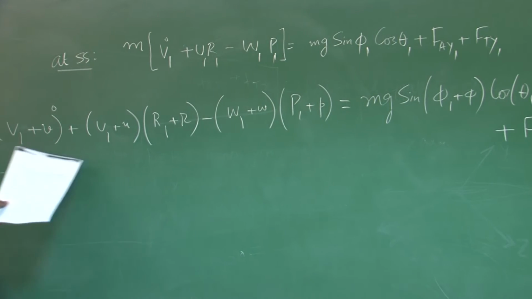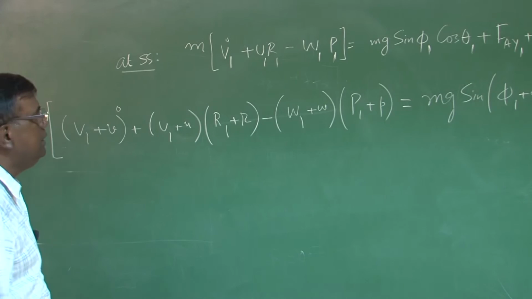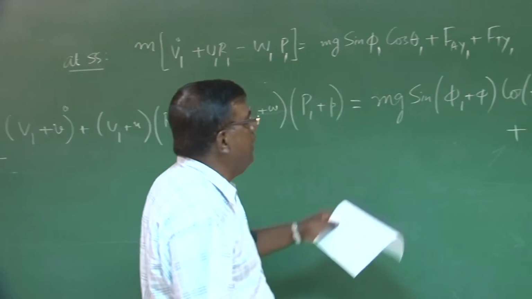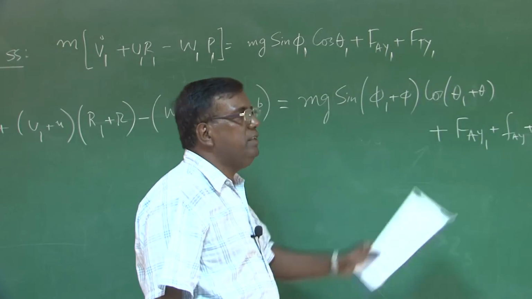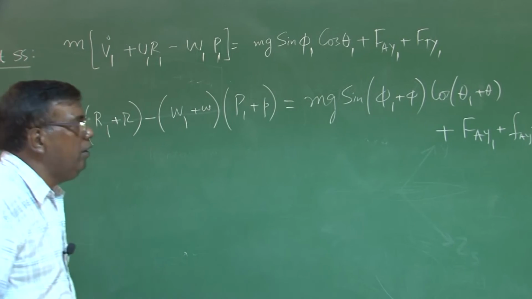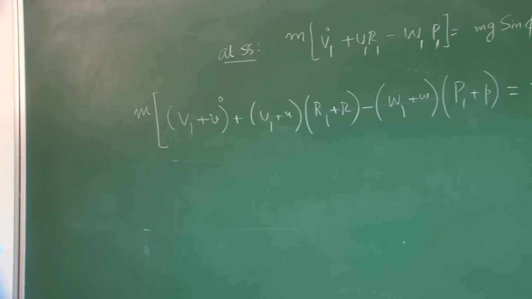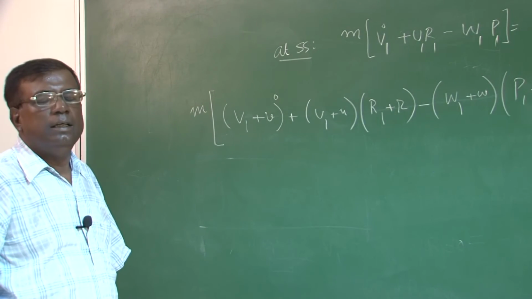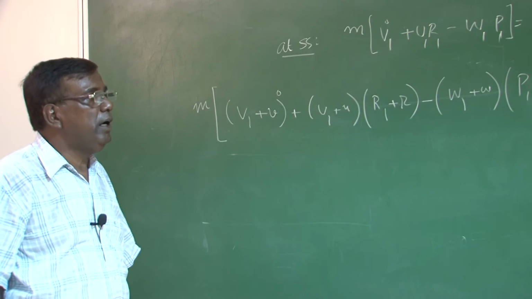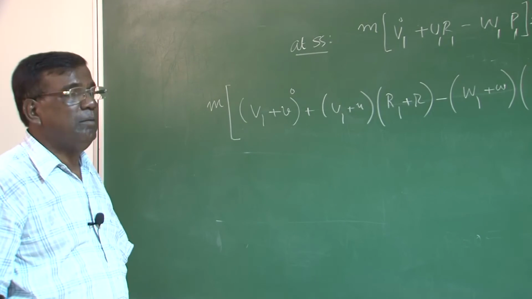So I expand this, take out this, and then expand sin(phi1 plus phi) and cos(theta1 plus theta), and use the small angle perturbation. So sin theta is equal to theta and cos theta is 1, and the product of two perturbed quantities can be neglected.